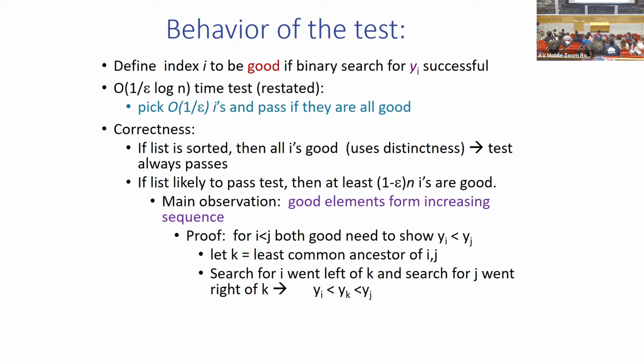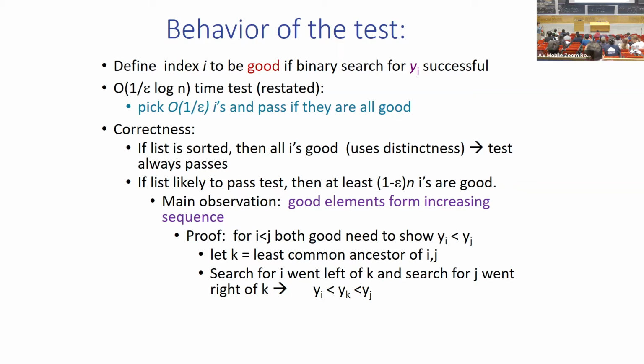Since you know that y sub i is less than y sub j, how do you continue the program? Why do you know that that's what the order will be? So I know y sub i and y sub j are in the right order.